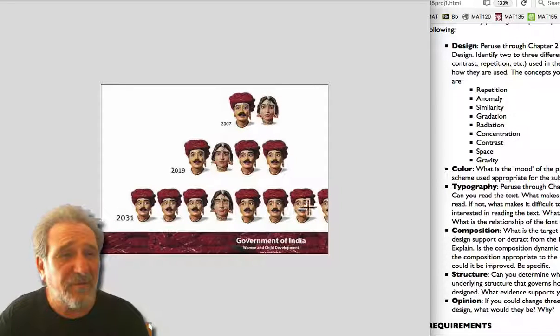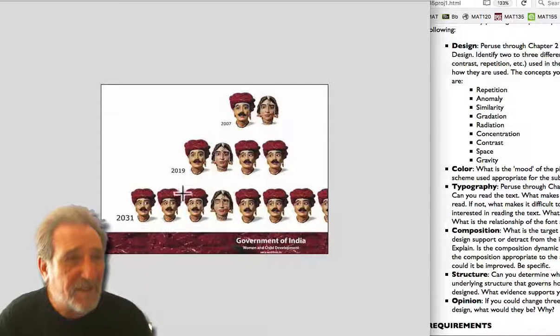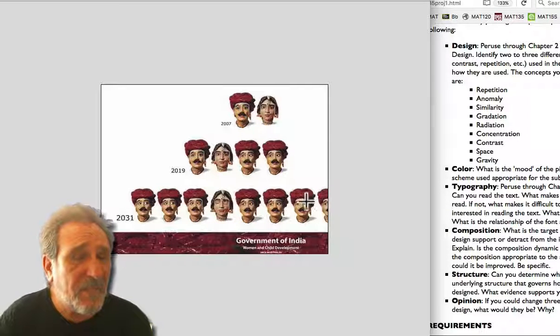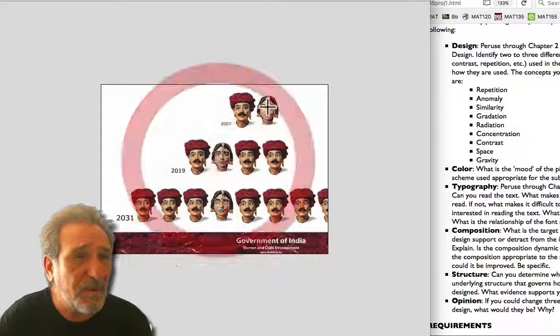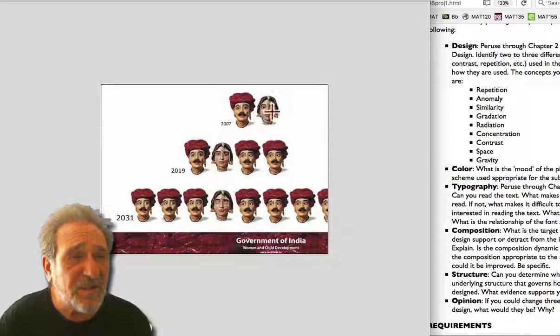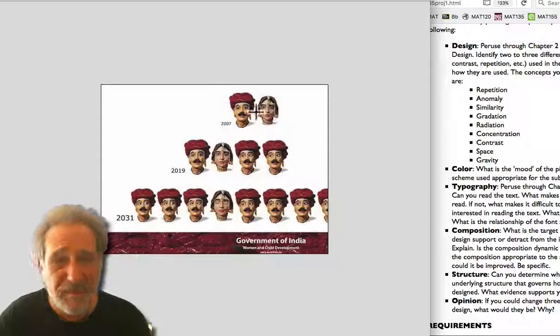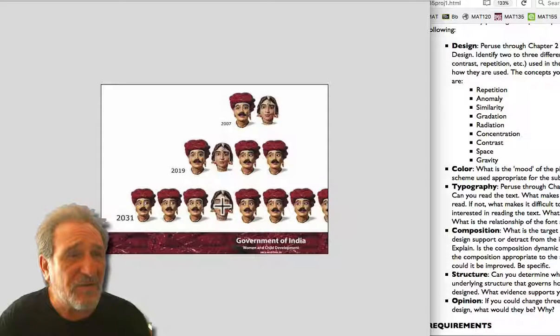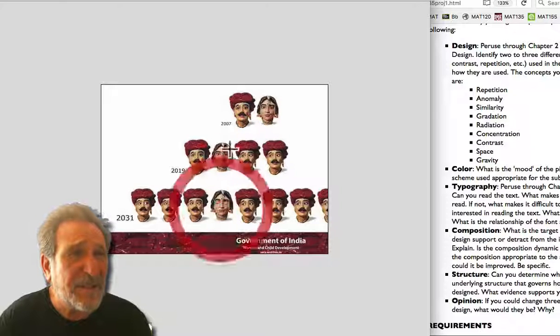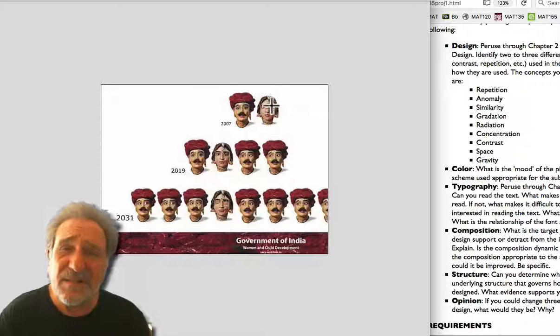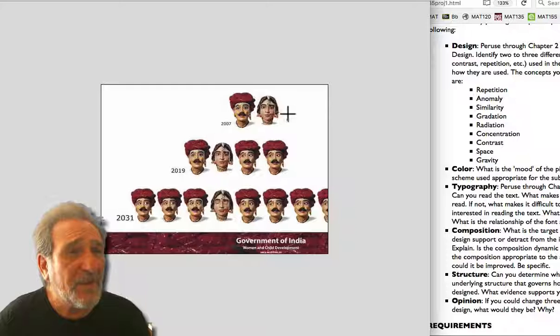This is a cute ad from India, right? So what we have is repetition because we have all these different heads, but they're similar because the eyes are a little bit different in each one. And we also have the woman, and she creates a slight bit of anomaly because she's different in every single row, even though she repeats. It's a difference in each line, and so that tends to stand out as an anomaly.